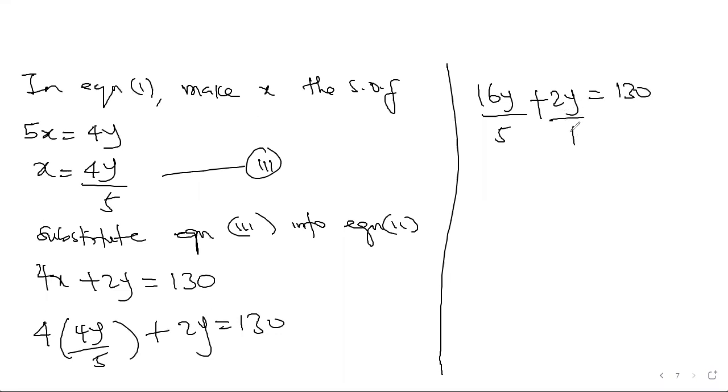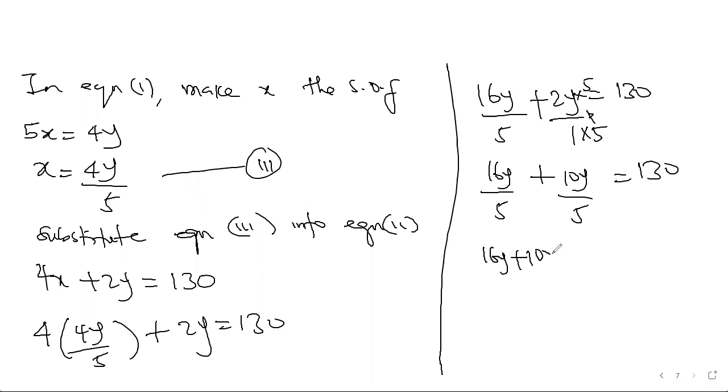So over 1, I can make the denominators the same, multiply this by 5, and I'll have 16y over 5 plus 10y over 5 equals 130. I can add the numerators: 16y plus 10y over 5 equals 130. And I'll have 26y over 5 equals 130.